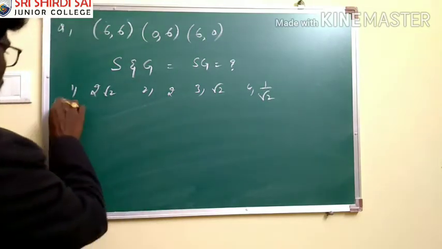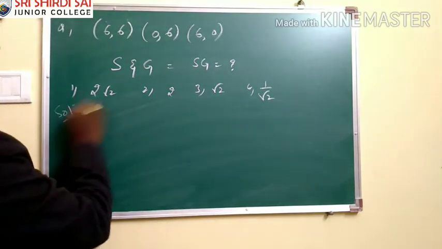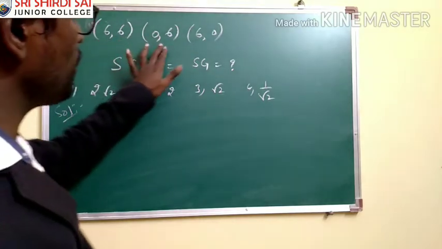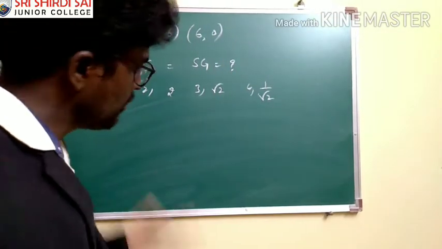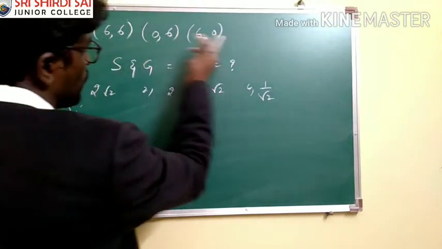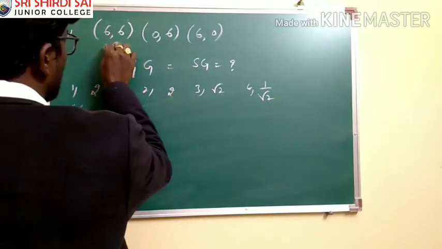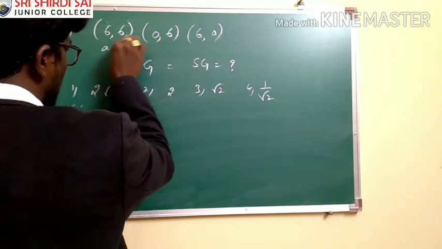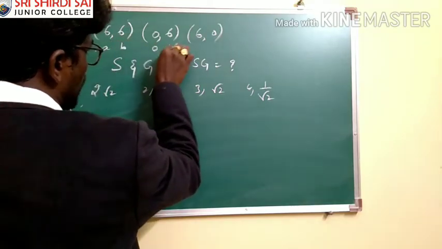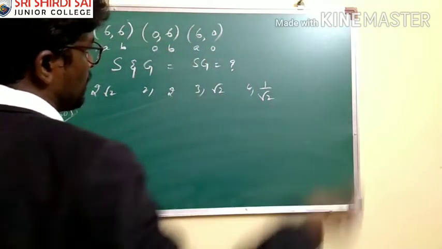Again, when you see the nature of the coordinates, here we have something like 6, 6, 0, 6 and 6, 0. These type of coordinates are going to frame what type of triangle? Right angle triangle, because here it is something like A comma B, it is something like 0 comma B, it is something like A comma 0.